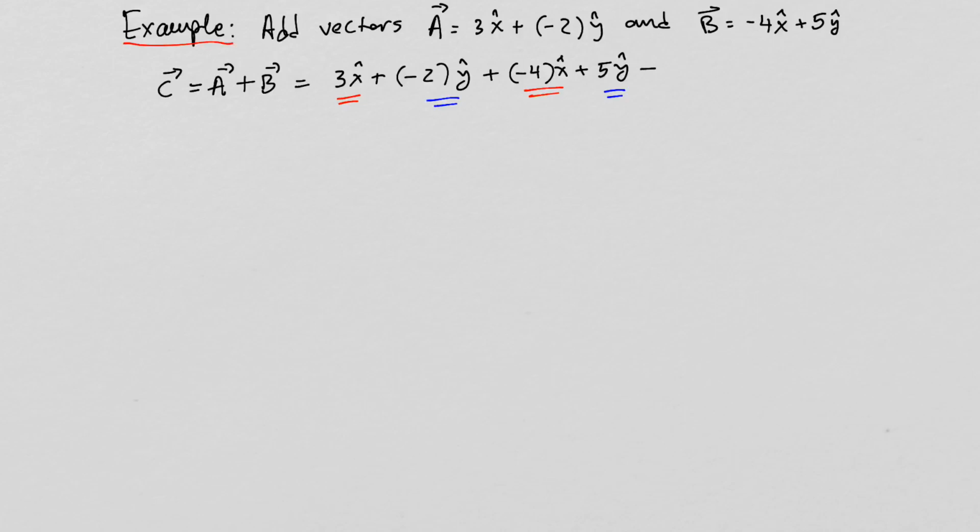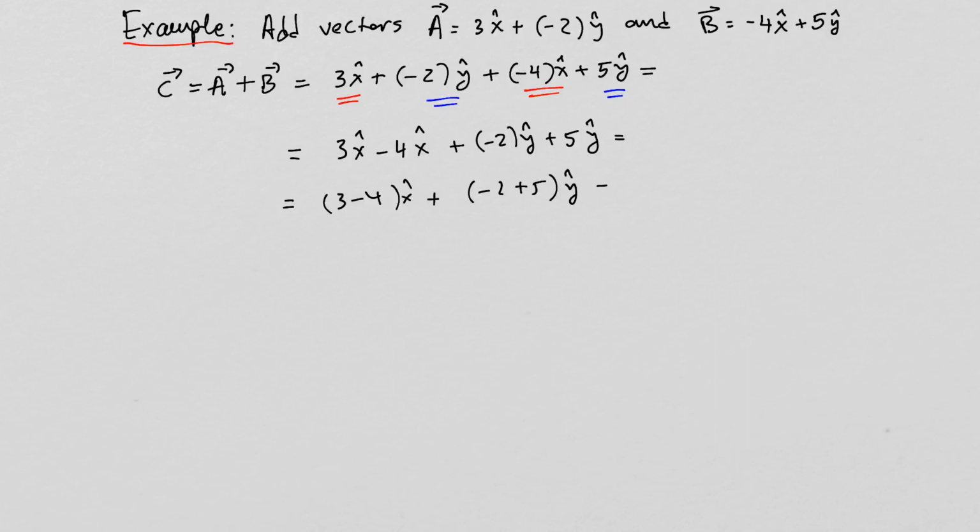And this becomes 3 times x hat minus 4 times x hat plus minus 2 times y hat plus 5 times y hat. So this becomes 3 minus 4 x hat plus minus 2 plus 5 y hat. And so that becomes minus 1 x hat plus 3 y hat.